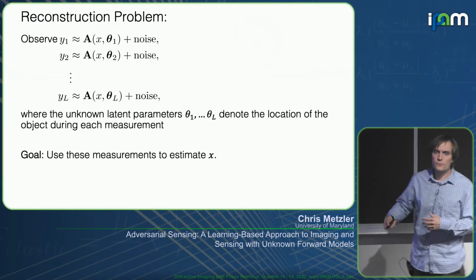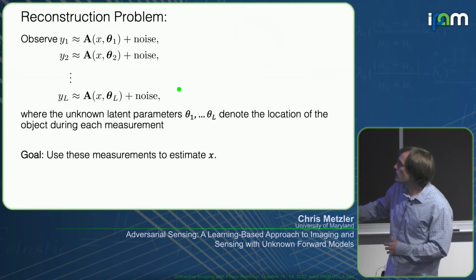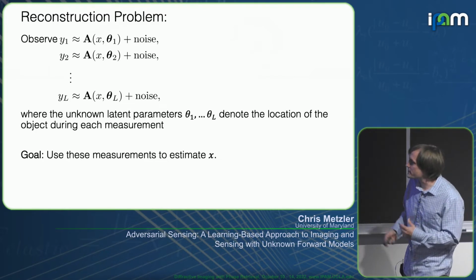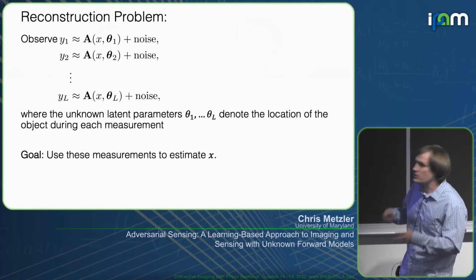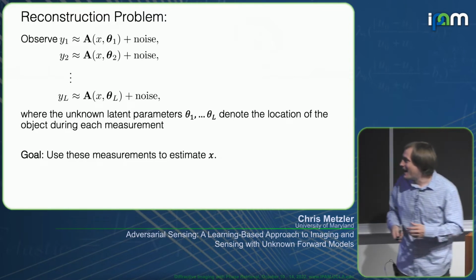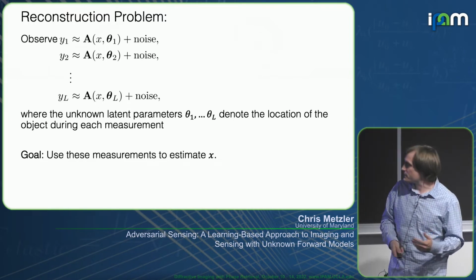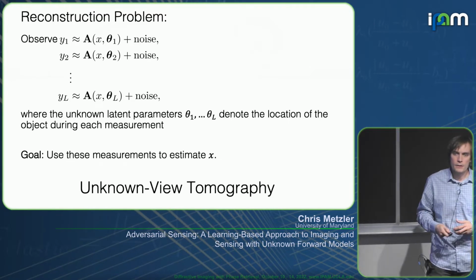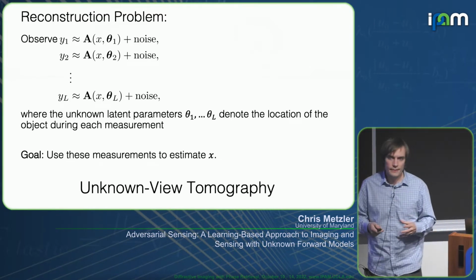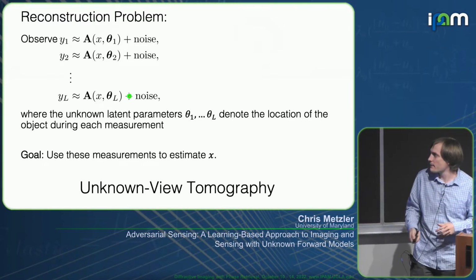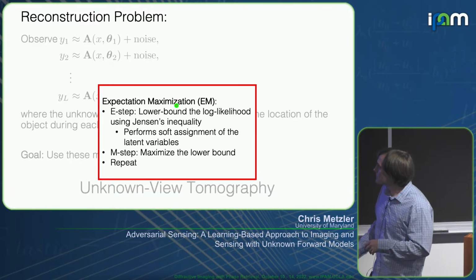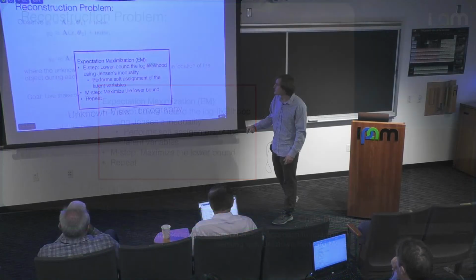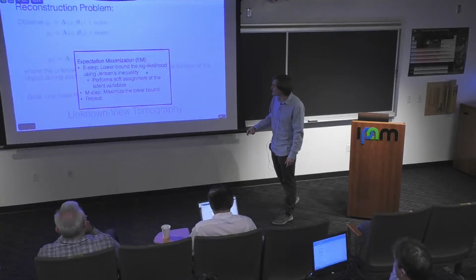And so from here, we can set up the following optimization problem, where we observe a sequence of observations, each with different unknown latent parameters, where the latent parameters denote the location of the hidden object. And our goal is to use these measurements to reconstruct X. And this is just an unknown view tomography problem, for which we can then turn to the literature in single particle cryo-EM and set up expectation maximization or any number of Bayesian algorithms where we take a lower bound on the log of likelihood using Jensen's inequality.